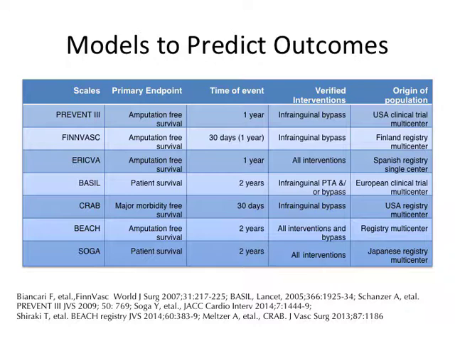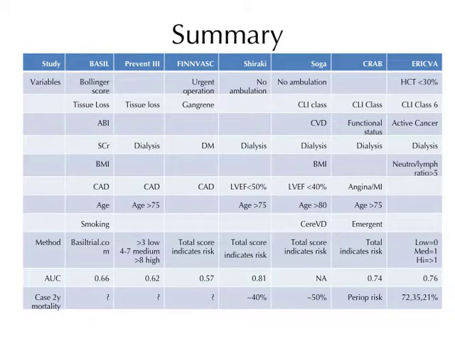Some studied bypass patients, some studied both endovascular and surgically treated patients, and some just looked at the interventional populations in different origins of the population, which is quite important. This is a busy slide, but the take-home message is that the variables first analyzed in a univariate fashion and then applied to a multivariate analysis were quite different in each of these risk models.